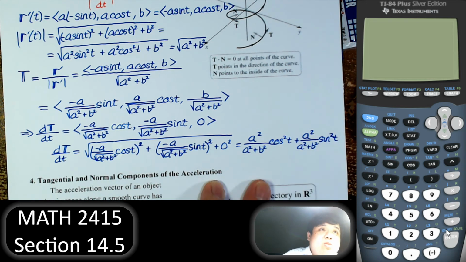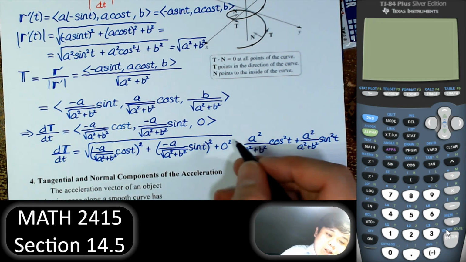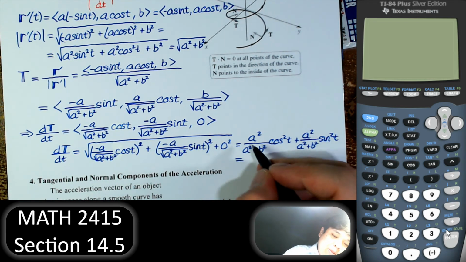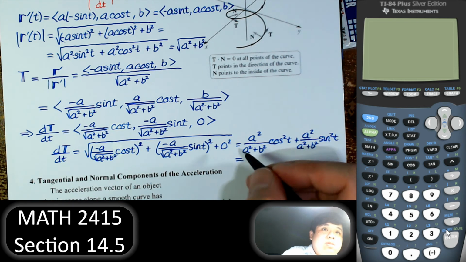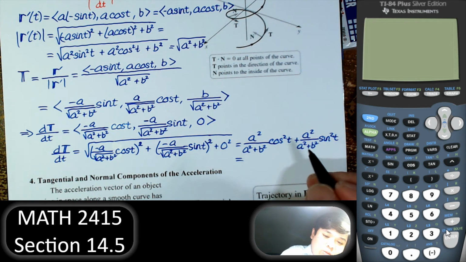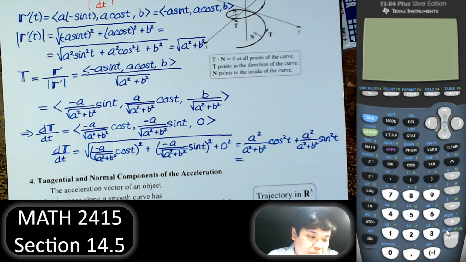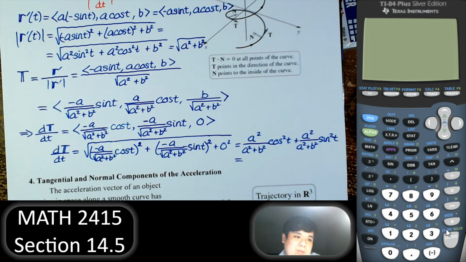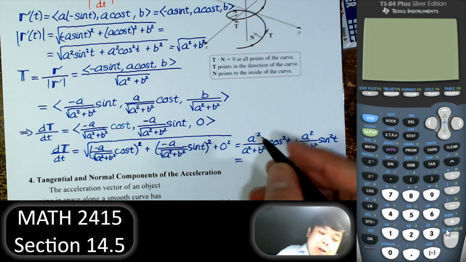Once again, cosine squared plus sine squared is 1. So this just gives us the magnitude.